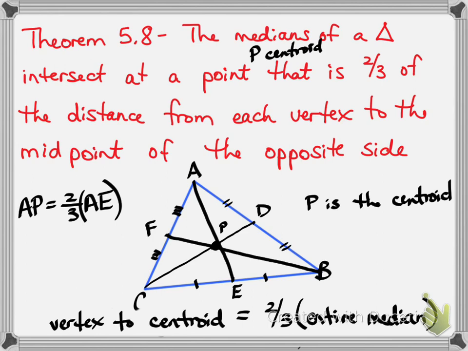So if we can make this a little larger, from here to here is 2/3 of the whole thing. Well, if that part is 2/3, then how much is left for this part right here? 1/3, because the whole thing would be 3/3.